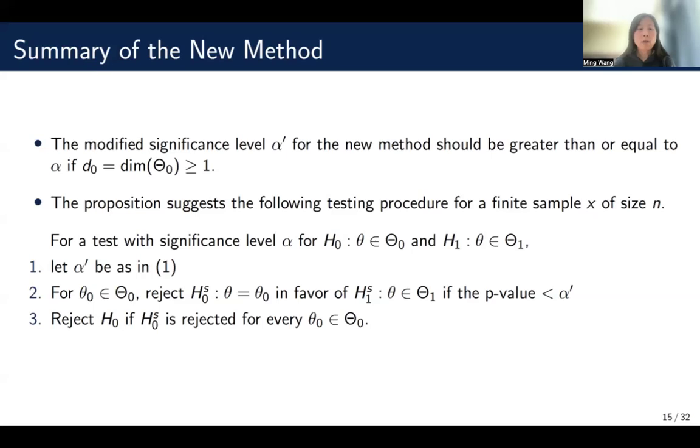Step 2, for each little theta 0 in big Theta 0, we reject the simple null hypothesis little theta equal to little theta 0 in favor of the alternative little theta in big Theta 1 if the p-value is less than alpha prime. Last step, we reject the original null hypothesis if the simple null hypothesis is rejected for every little theta 0 in big Theta 0.